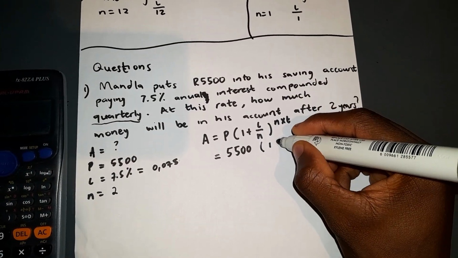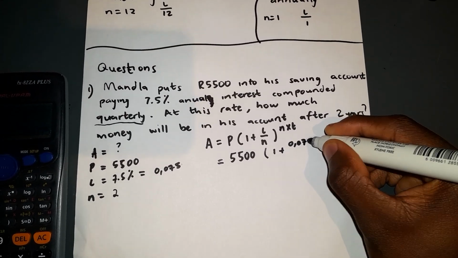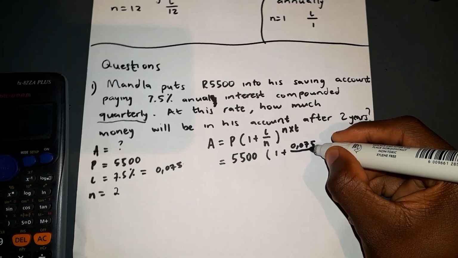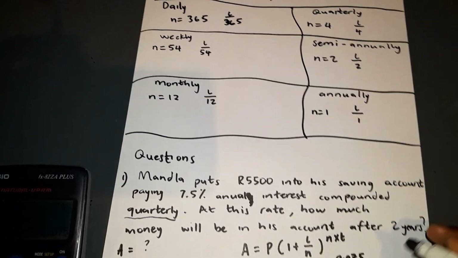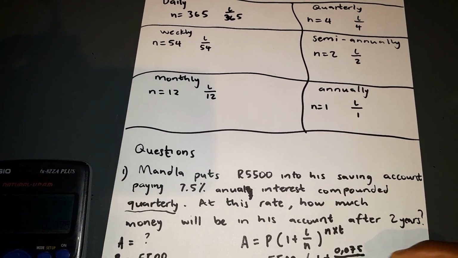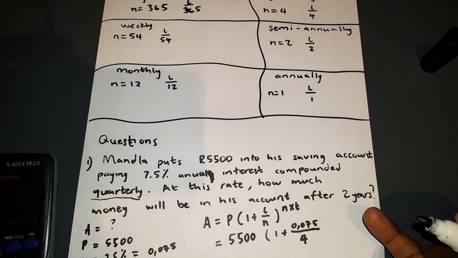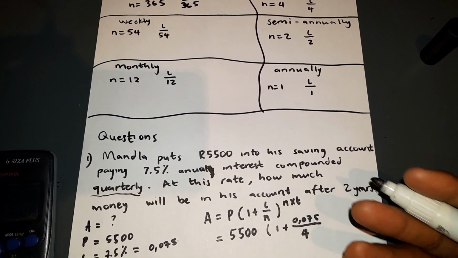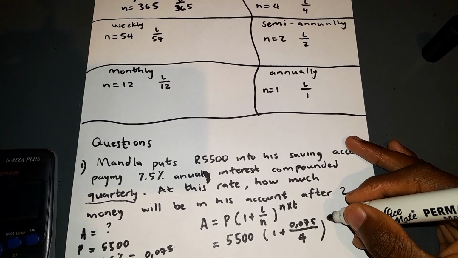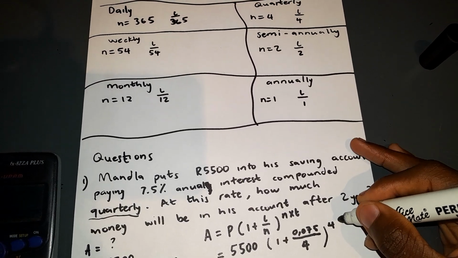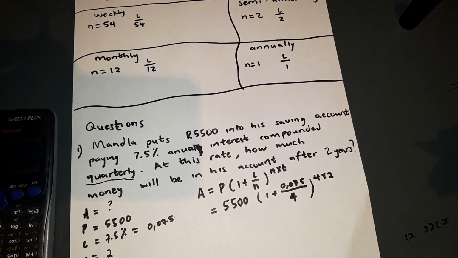So it's 1 plus 0.075 over 4, because it's quarterly, and we know that in a year we have 4 quarters, like term 1, 2, 3, and 4. So we have 4 multiplied by 2, which is the number of years.